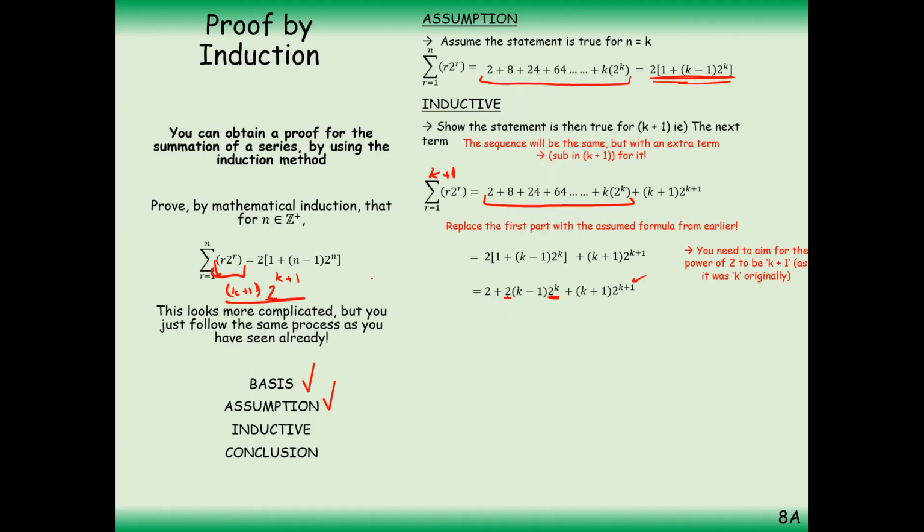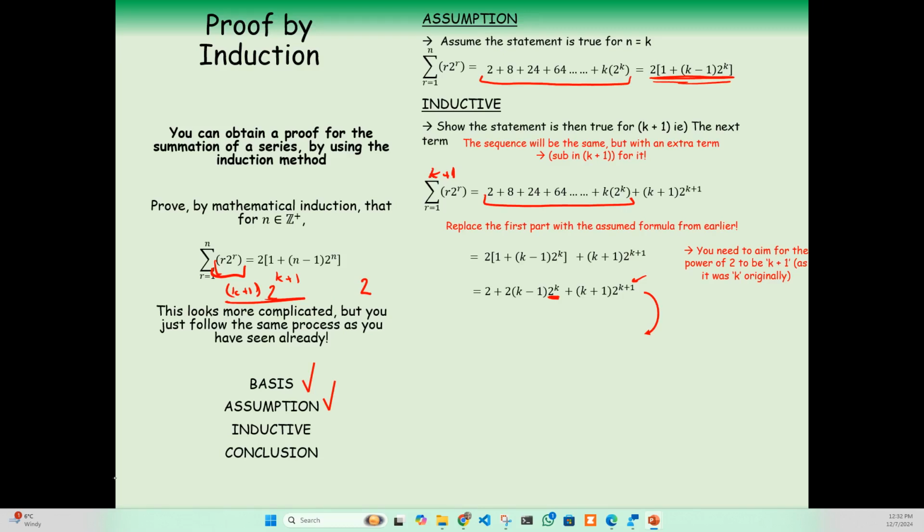If you're careful with your index laws, you know that 2 times 2 to the power of k is simply 2 to the power of k plus 1.